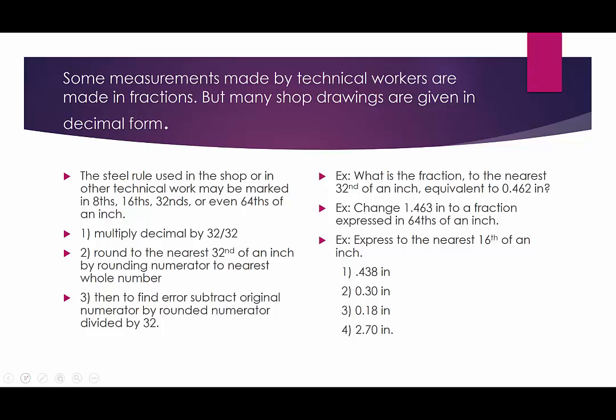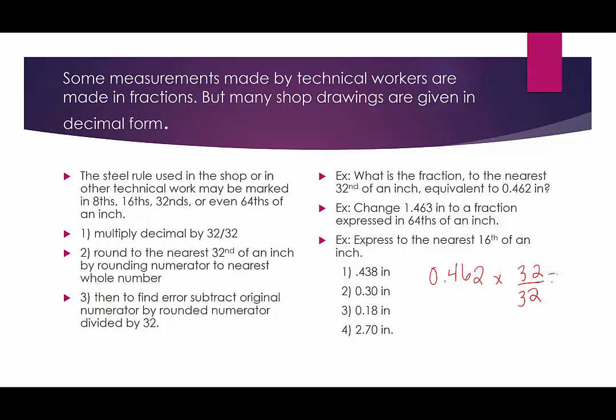So let's look at the first example. What is the fraction to the nearest 32nd of an inch equivalent to 0.462? So what you're going to do is take your 0.462 and, just like it says, multiply the decimal by 32 over 32.